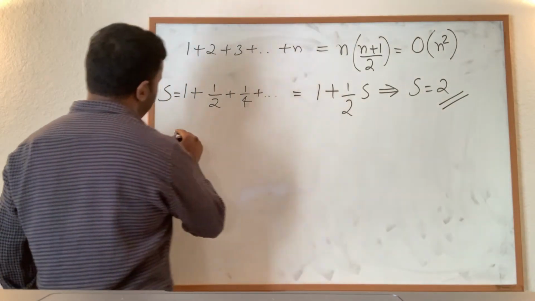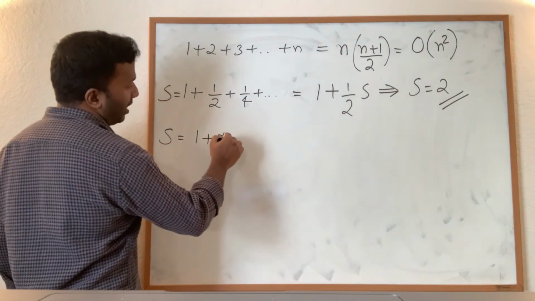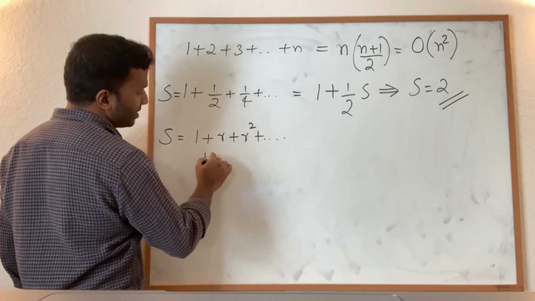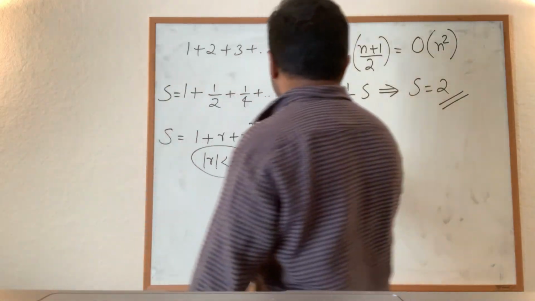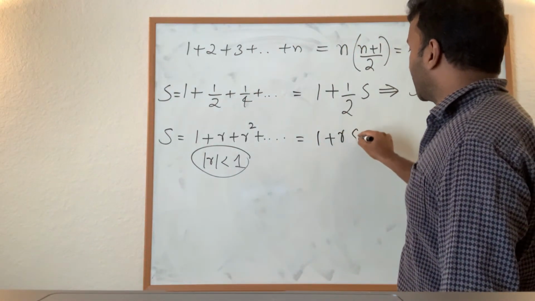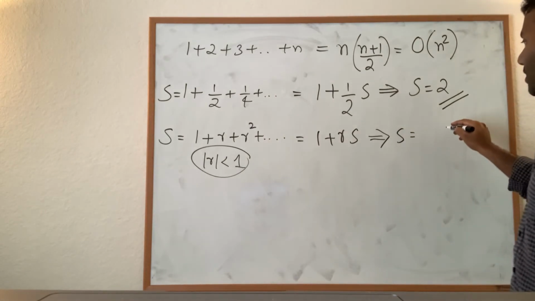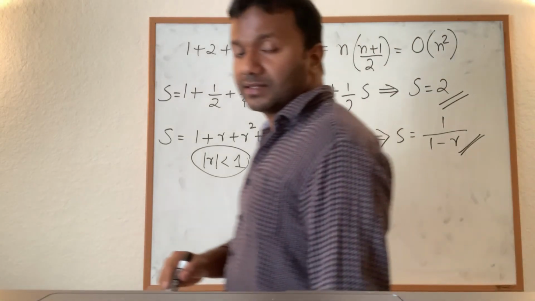In general, when you have something like 1 plus r plus r square plus etc., where r is strictly less than 1, you can write this as 1 plus r into s. Therefore, s is nothing but 1 divided by 1 minus r. We'll be using these kinds of things very often.